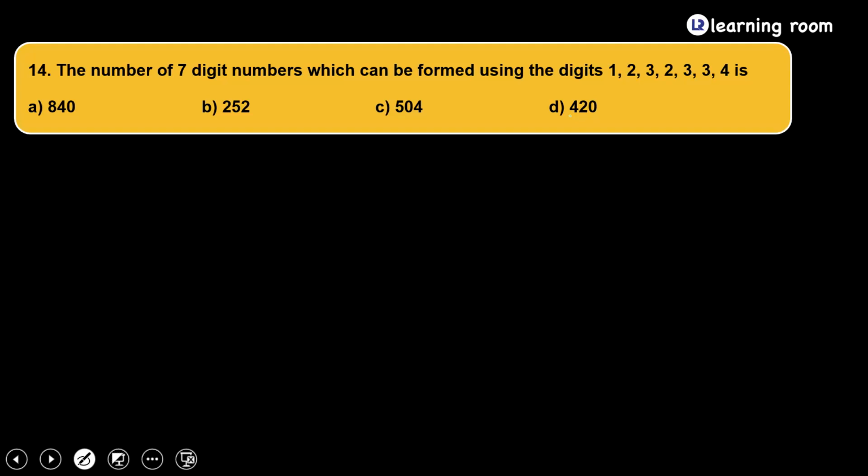The number of 7-digit numbers which can be formed using the digits 1, 2, 3, 2, 3, 3, 4 is? How many digits are given to you? 7.